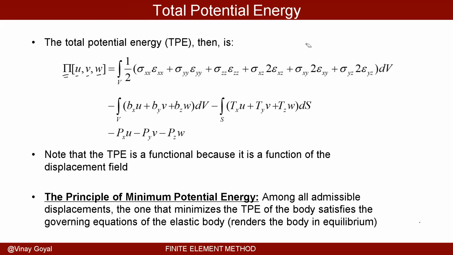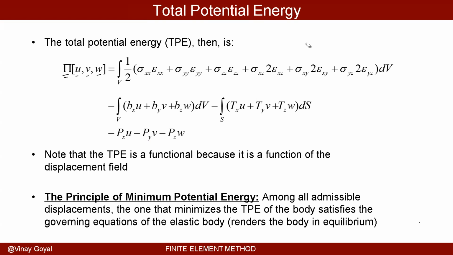I cannot derive this in this particular course. I have some of that in my book, but in a more advanced course you will learn this idea called the principle of minimum potential energy. It's an amazing principle that's going to open your eyes, and it's going to show you how this is equivalent to what I discussed in the previous lectures when I was deriving the elastic bar equation and the beam equation.